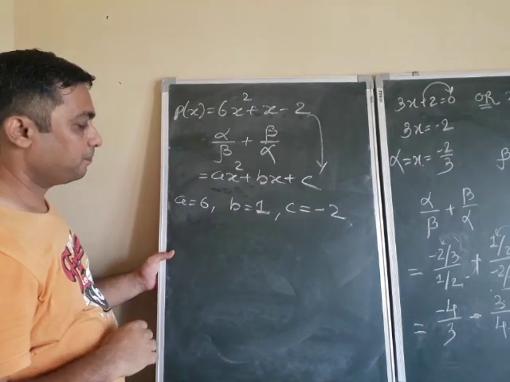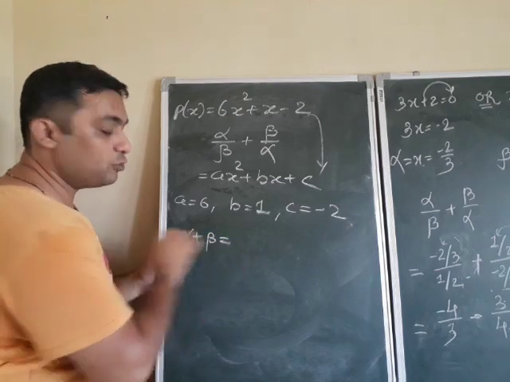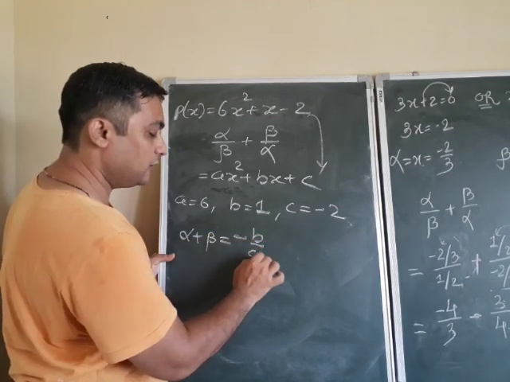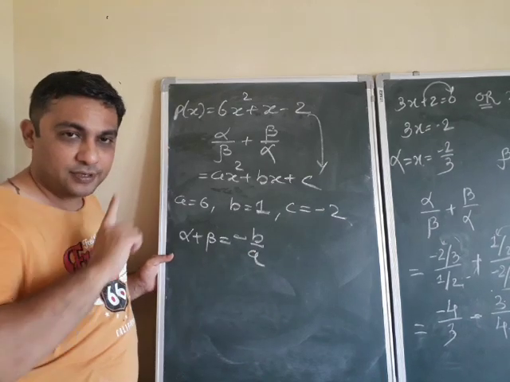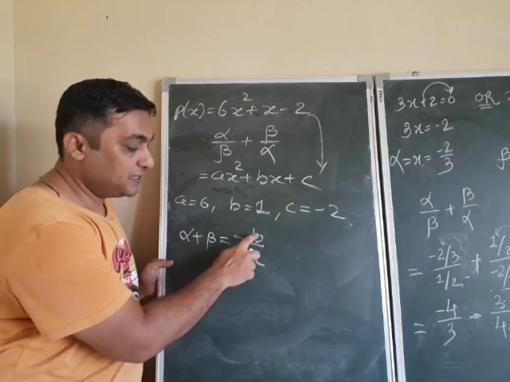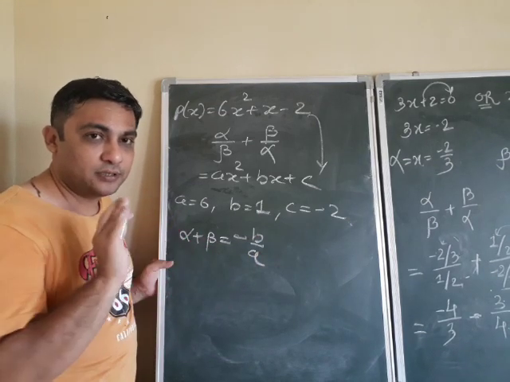Understood? Now see, as I show the formula, first you find alpha plus beta, the sum of the two zeros. And you know what the formula is? It is minus b by a. In the previous lecture, at the time of comparison, I first introduced alpha plus beta as minus b by a.